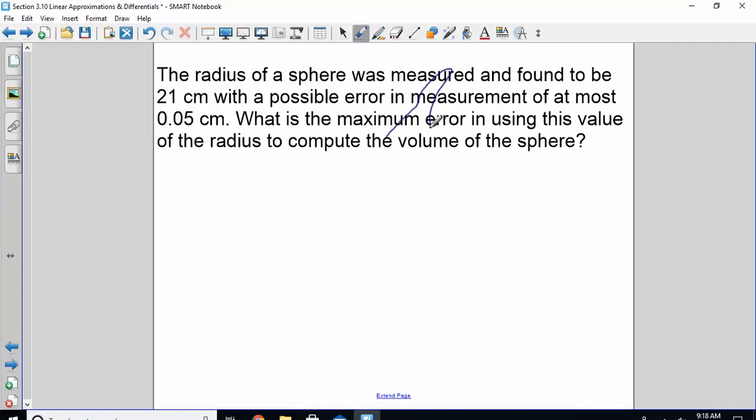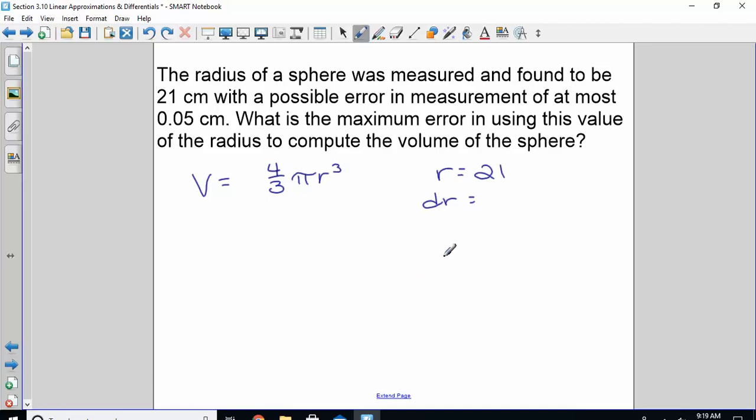So we do this using differentials. And we're talking about the volume of a sphere, which is 4/3 pi r cubed. My radius we measured to be 21. dr is like talking about the error in your radius.